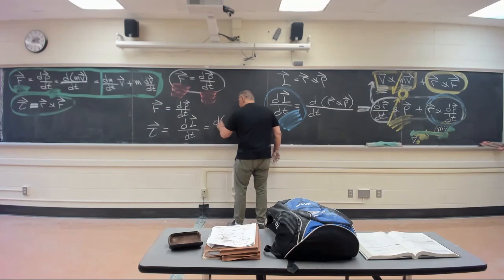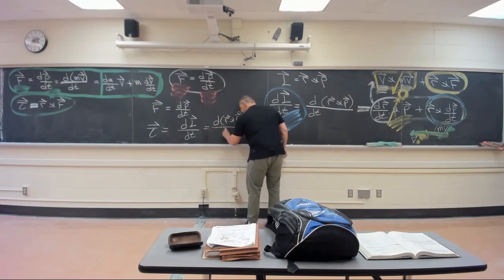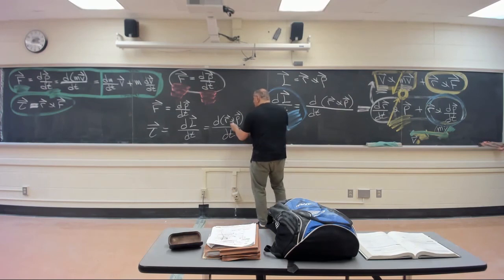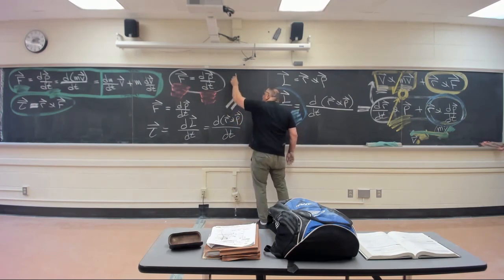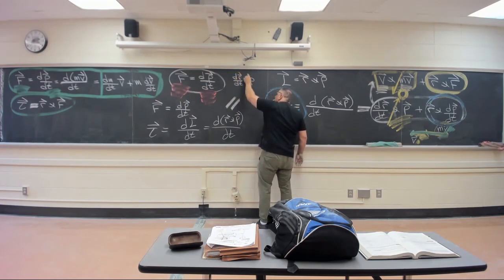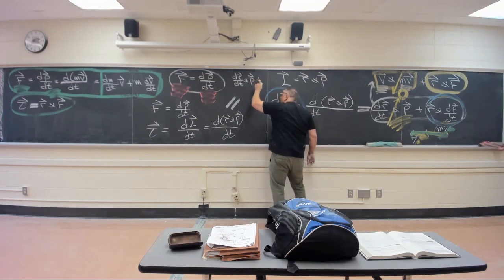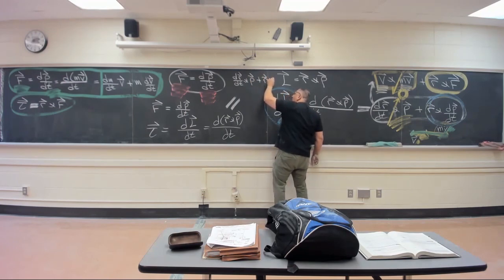Because it's d of r vector cross p vector dt, which is equal to dr vector dt cross p vector plus r vector cross dp vector dt.